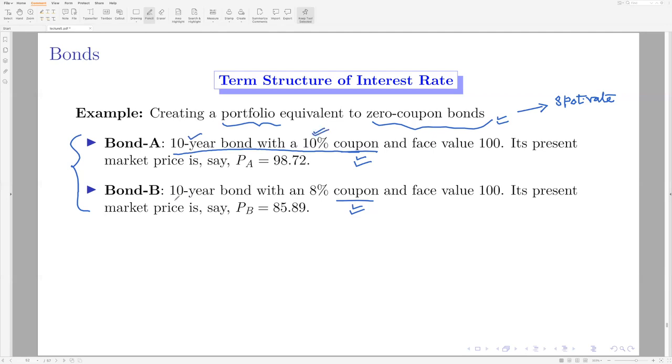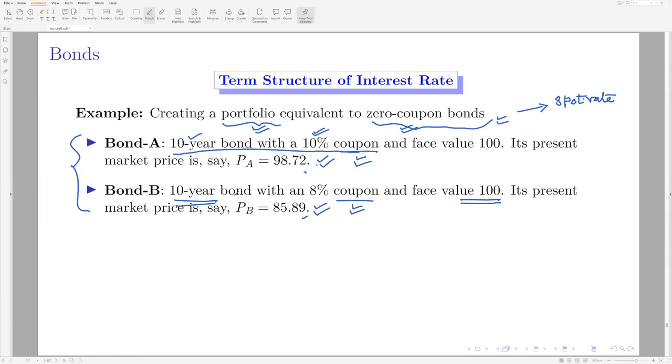So both bonds are 10 years and both have face value 100. Now let us see how to construct the portfolio in such a way that it is equivalent to a zero coupon bond. Remember, the idea is that both the bonds are giving coupons. Somehow you have to cancel them in order to get a zero coupon at the portfolio level.